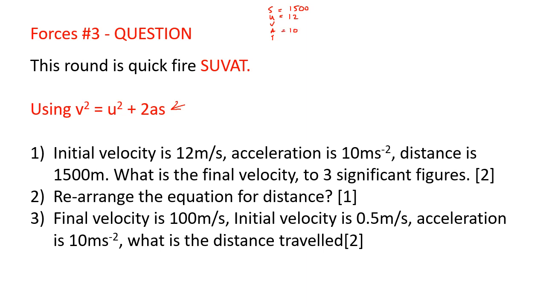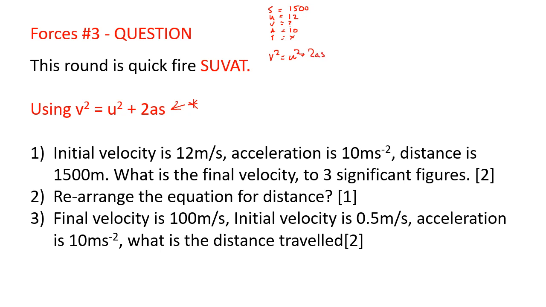They're asking me what my final velocity is, so that's my question mark. And they haven't given me time, so let's cross that out. I don't have time. So straight away, I need an equation with S, U, V, A, and it tells me already to use v squared equals u squared plus 2as. So let's write v squared equals u squared plus 2as.